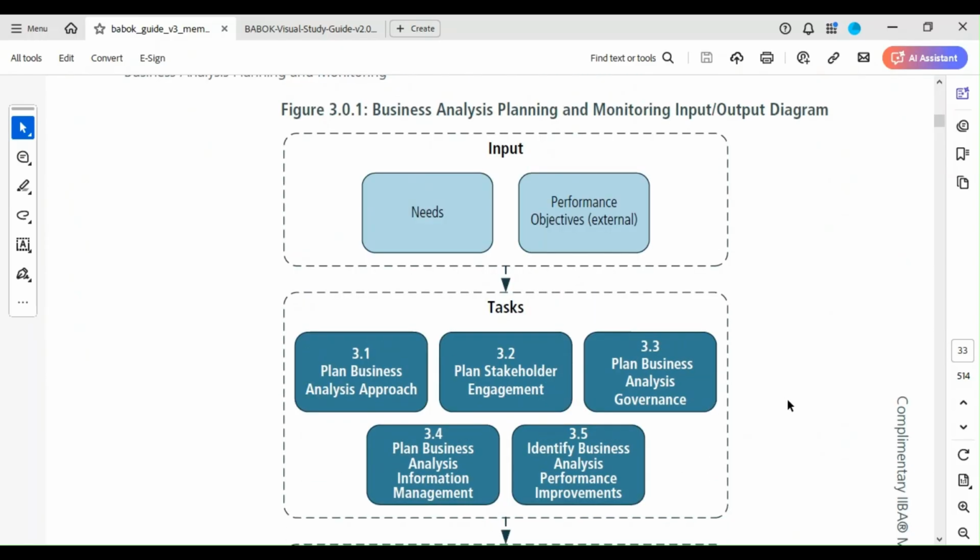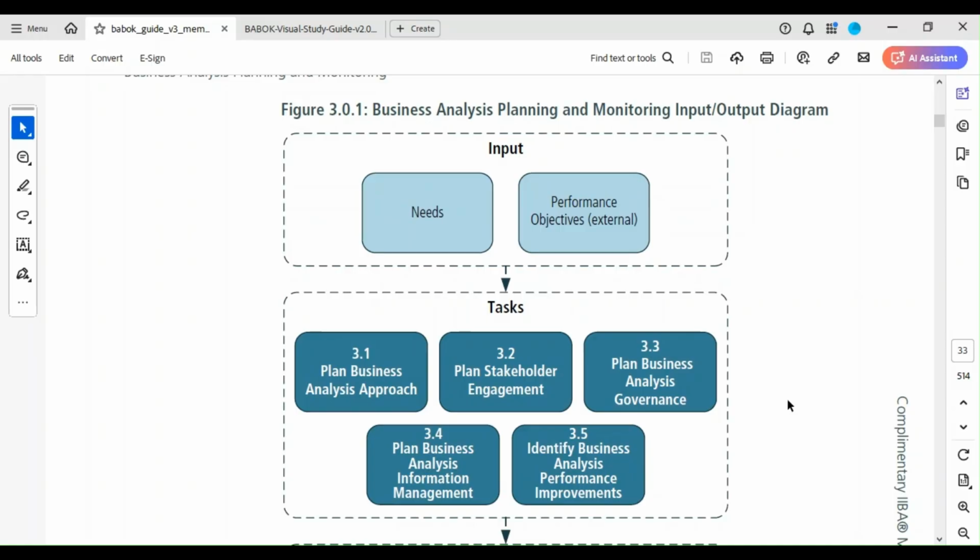So now, in this case, for business analysis planning and monitoring, what you need is the needs. You've gone to your stakeholders and asked them, what do you need? So for you to do your business analysis planning, you need to have an idea of the needs and performance objectives. This is external.